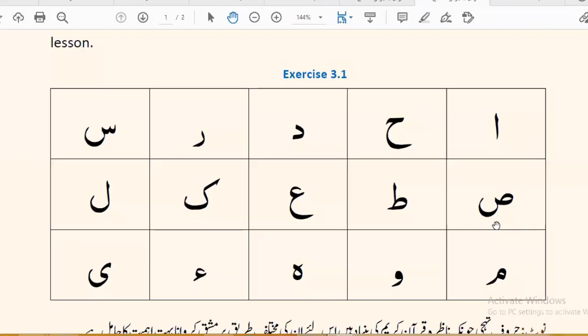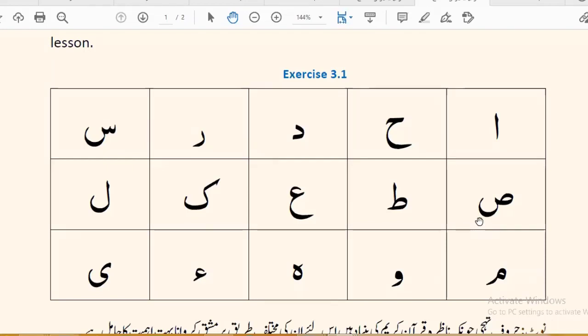This one is Sad. Excellent. Well done. Can you tell me, is this a thin sounding letter or a thick sounding letter? A thick sounding letter. It is. Well done. It's one of the 7 letters that is a thick sounding letter. So that means we have to really round our mouth when we say this letter. So we're going to say Sad.